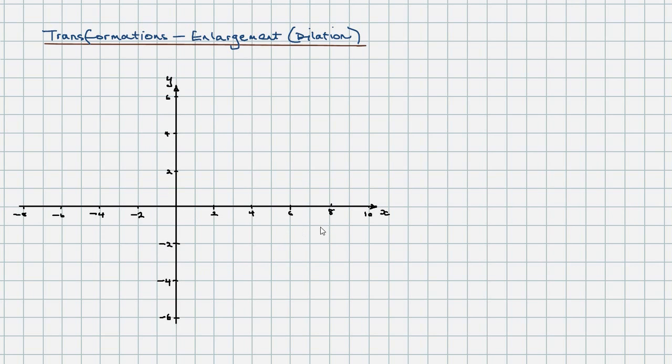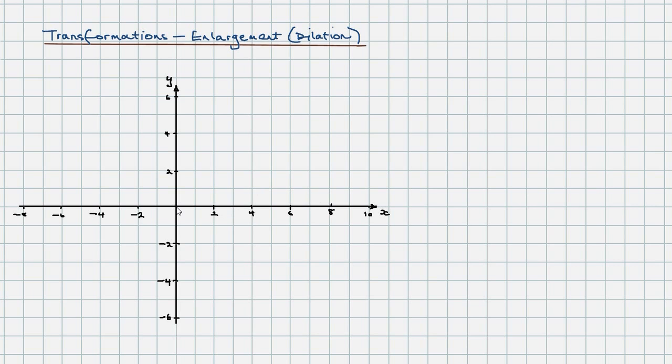So we've just got a set of axes here, and I'm going to run an animation so you can see the whole plane and all of the points on the plane enlarging, just so that we know what we're dealing with before we actually go ahead and enlarge some lines maybe and object shapes. Okay, so let's start.